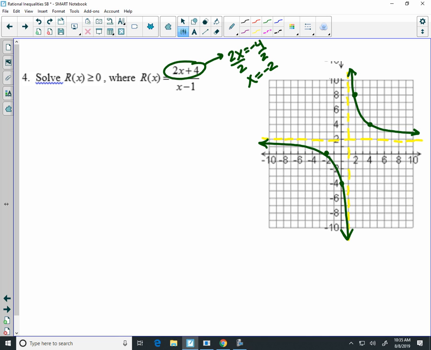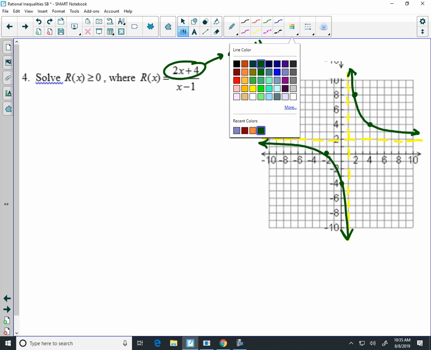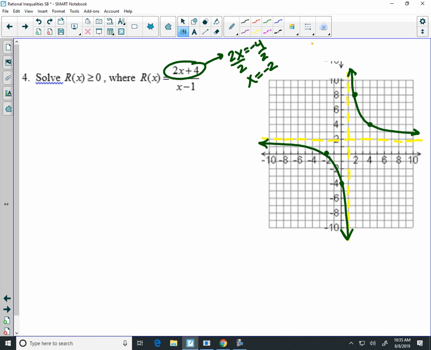So where is our graph greater than or equal to 0? Well, again, where we're switching are zeros and asymptotes. So here's the 0, and we're doing greater than or equal to. We're greater than here.